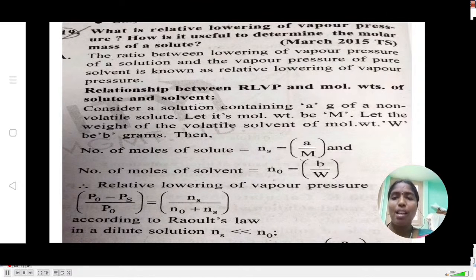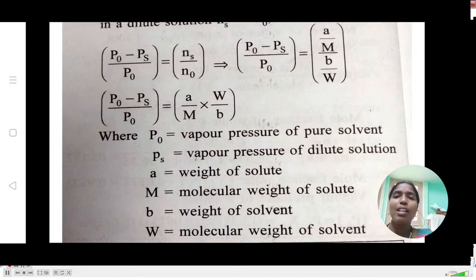According to Raoult's law, in a dilute solution, Ns is less than N0. So Ns value is too small compared to the N0 value, and here the Ns value will be neglected.